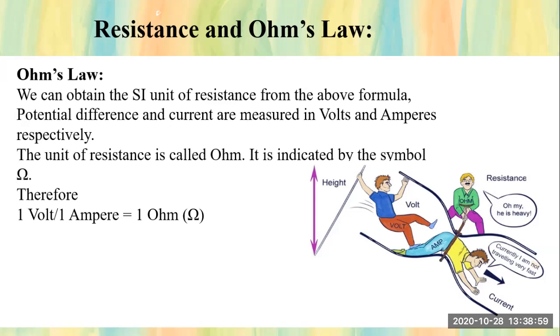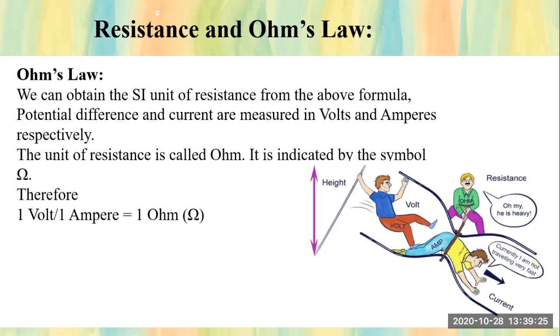See, this is the symbol of Ohm. I will come to it one by one, I'm just reading out the points. We know that the SI unit of potential difference is volt, and of current is ampere. And the unit of resistance is Ohm, and this is the symbol of Ohm.